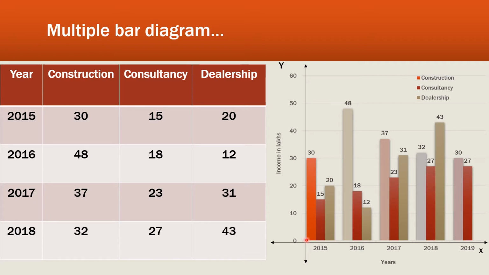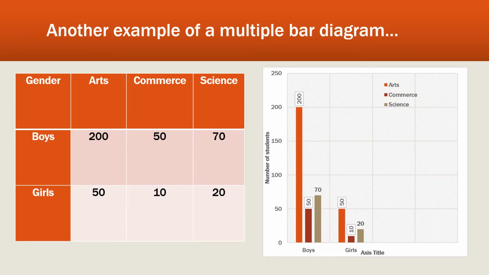The bars may or may not touch each other. The width of the bar is irrelevant in the case of simple and multiple bar diagrams. And here we have another example of how we can represent a table with the help of a multiple bar diagram. What we have here is the distribution of boys and girls in 3 different streams. And so we have taken the gender on the x-axis. So you have a category for boys and one for girls. And you have 3 bars to represent the arts, commerce and science streams.